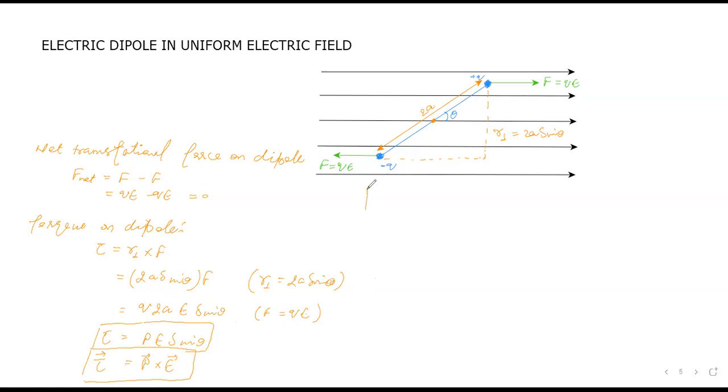Just 1 second, please. Now, what will be the result of this torque which is acting upon this dipole? Because of this torque, the dipole starts to rotate about its axis in such a way that it will try to align in the direction of the electric field. Are you clear or not? Yes, sir.